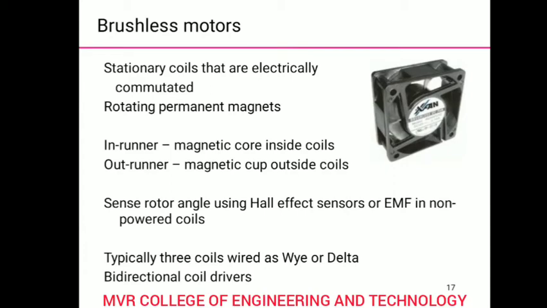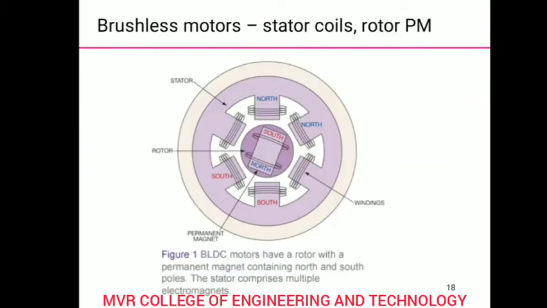In order to sense the rotor angle, there are sensors, using Hall effect sensors or EMF in the non-powered coils. Typically there are 3 coils wired as star or delta, with bidirectional coil drivers. So this is about brushless motors. You can see the constructional view of the brushless motor: for the stator there is a coil, and the rotor acts as a permanent magnet.